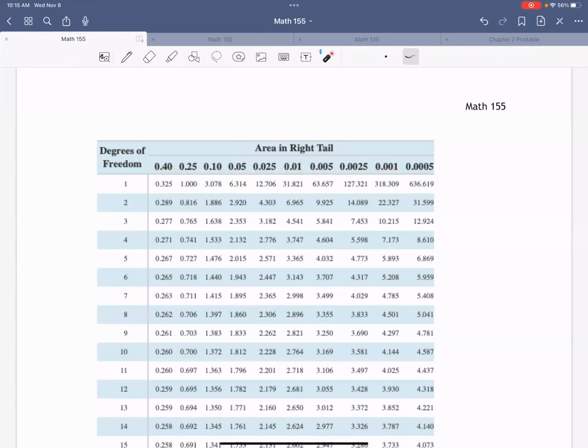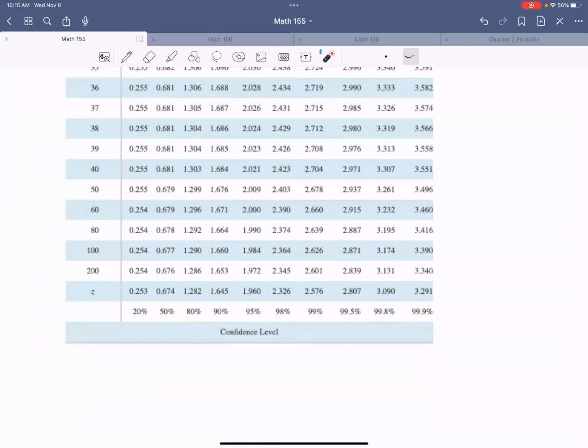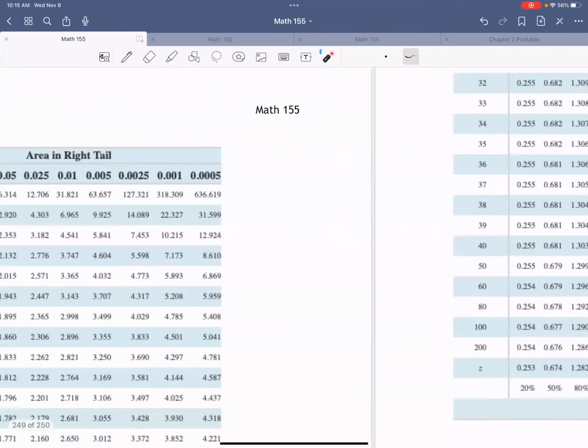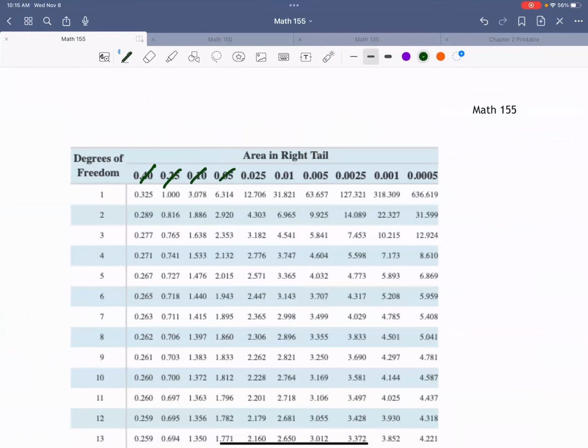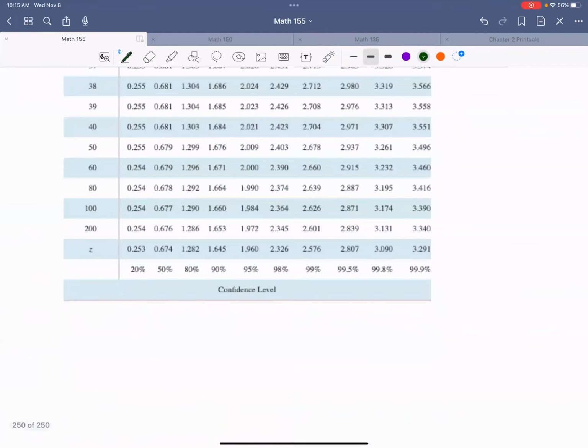I don't know why the textbook does this. I think they kind of want you to be confused at first because they want you to do it the other way and use those numbers up top. But when I give you the test, I'm going to give you this chart. What you're going to do is cross out the labels on the top, so you don't have to look at those funky numbers, and relabel them with the numbers at the bottom, right? I think that's the easiest way to go about this, okay?